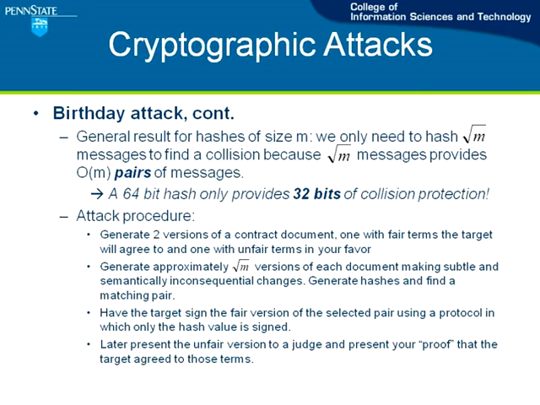Next, generate approximately square root of m versions of each document, making subtle and semantically inconsequential changes, like adding whitespace or punctuation. Next, generate hashes and find a matching pair, one document from each set, that is, one fair and one unfair document, both with the same hash.